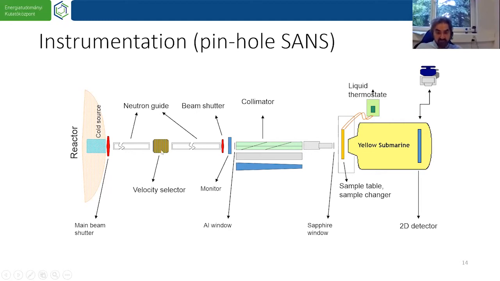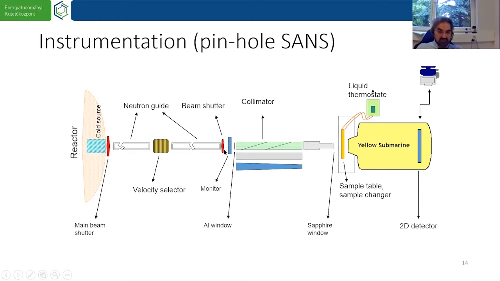So we need to use monochromatic neutrons. It's the same as for X-rays. In X-rays, usually the characteristic X-ray emission is used, but for neutrons we do not have characteristic radiation, so we must use some monochromating device. It can be either a crystal or a mechanical velocity selector.